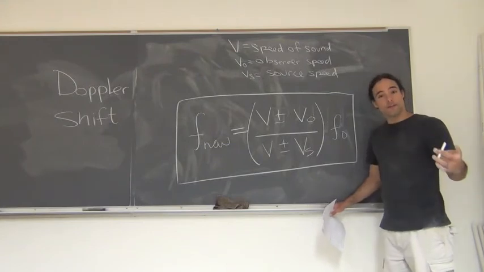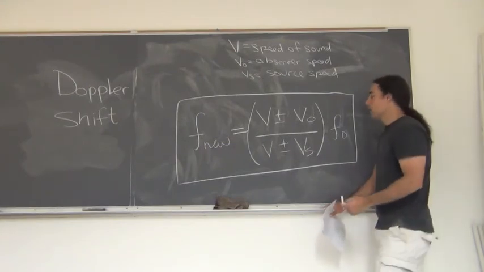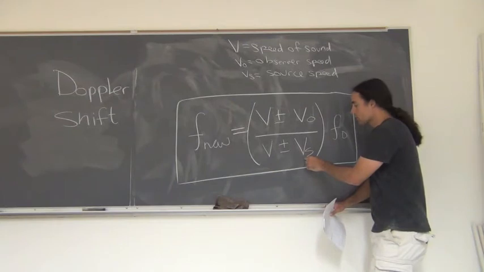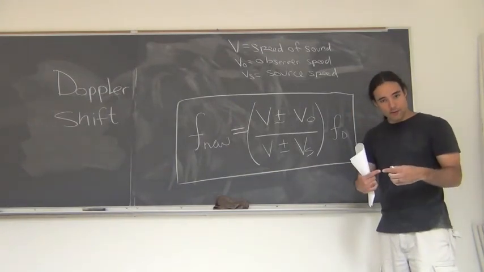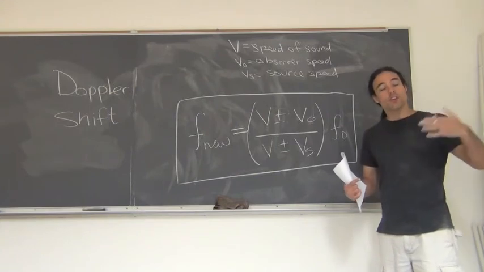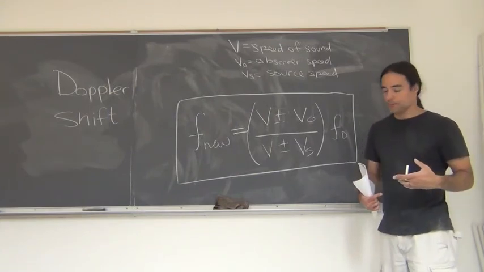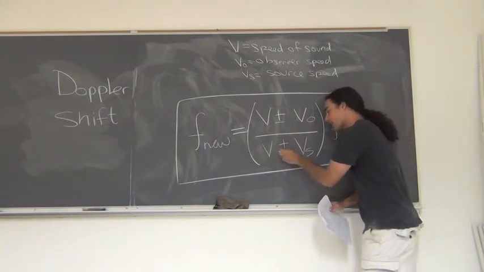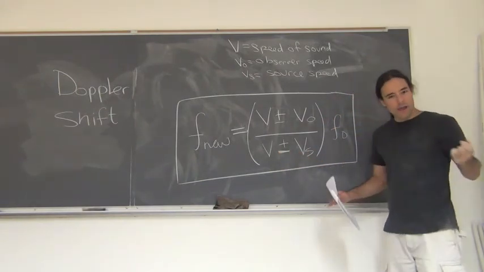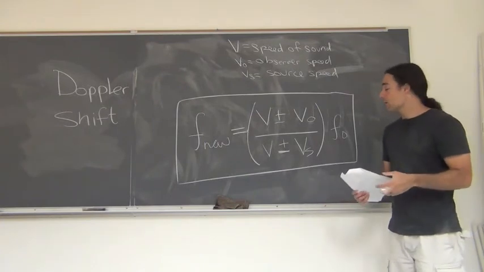What about the velocity of the source? Well, if the source is coming towards you, again, the two objects are coming together, source and the observer, you expect to hear the sound more frequently. If that's the case, I want to use the minus sign in here. Why minus if the frequency is getting bigger?